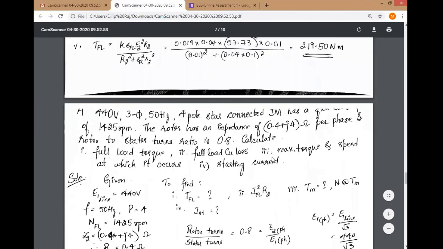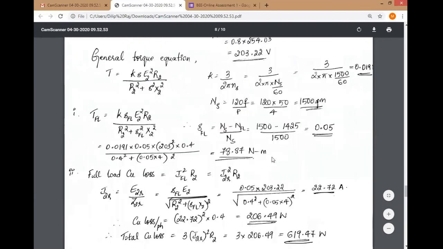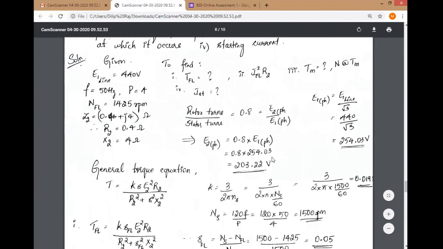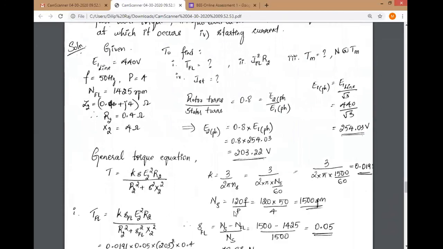First we have to calculate the full load torque. To calculate full load torque, we should know the full load slip value. To calculate full load slip, we should know the full load speed, which is already given. Calculate the synchronous speed using 120 F by P. So you get 1500 RPM, and slip is (1500 minus 1425) by 1500.